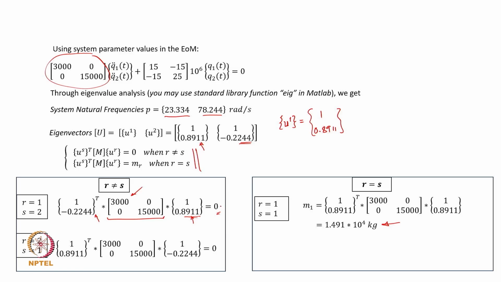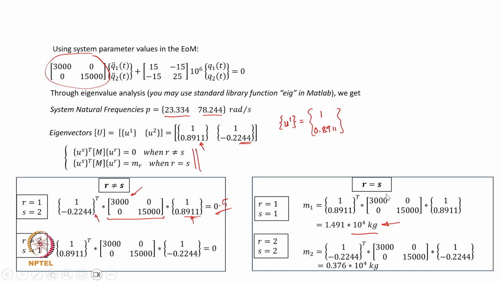Even if you get that value as 0.5 or so, you look at that in comparison to this generalized mass. And similarly, if you choose the other eigenvector, but pre- and post-multiply by the same one, in this case the second eigenvector, you again get a non-zero result. That is the orthogonality property with respect to the mass matrix.